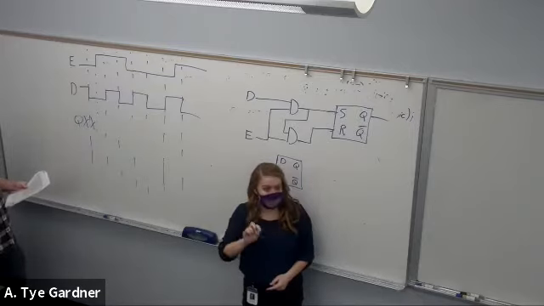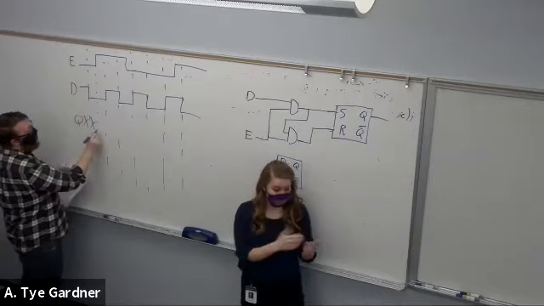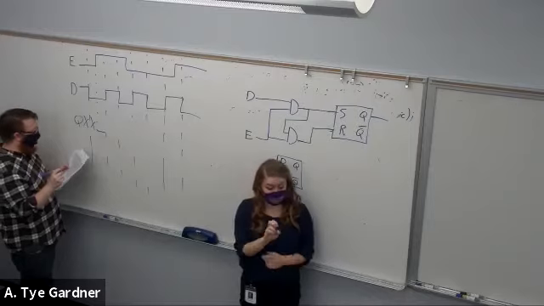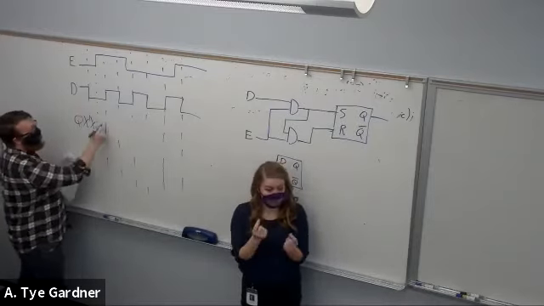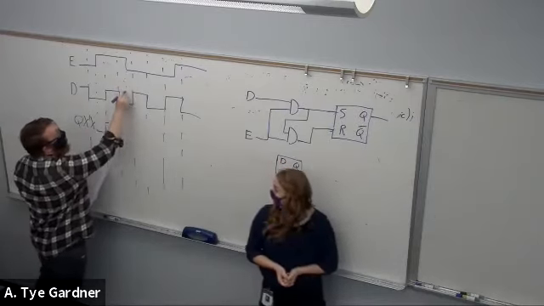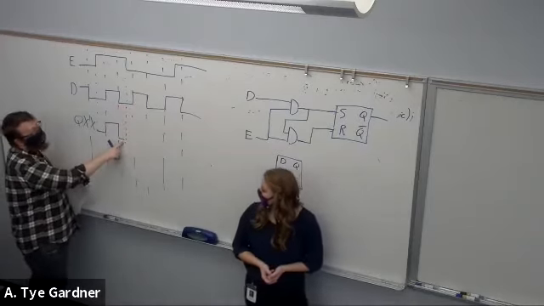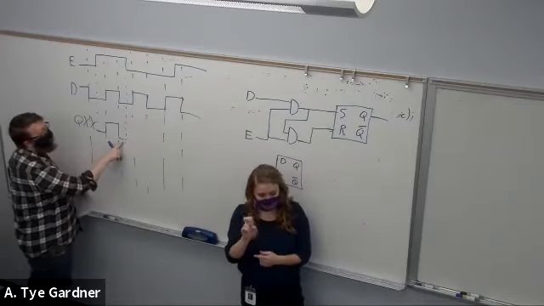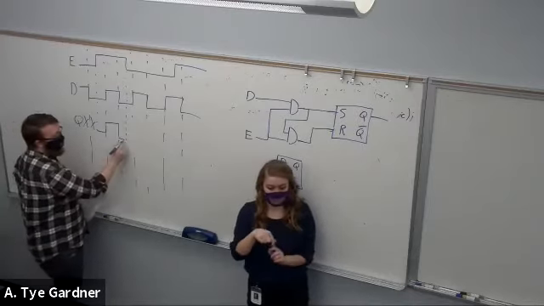But once it's enabled, then it can start reflecting whatever data is. And in fact, while it's enabled, Q is just going to follow D exactly. But here, at this next time, we're no longer enabled. And what that means is it doesn't respond to D, so it's going to hold.